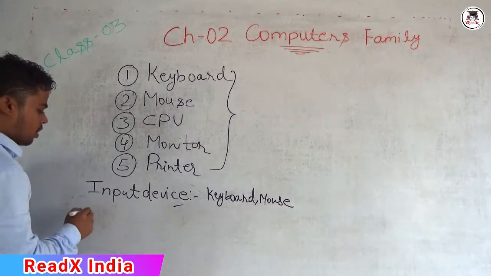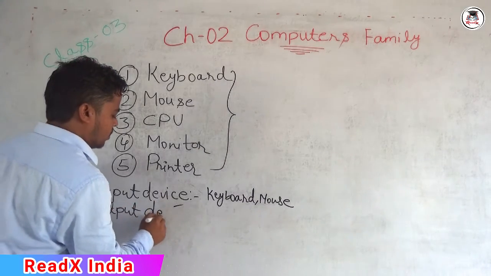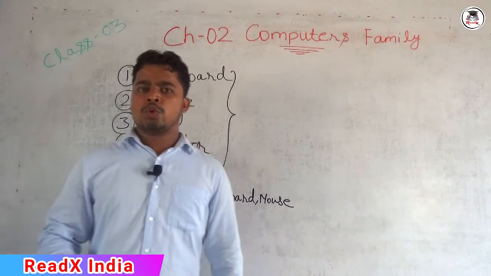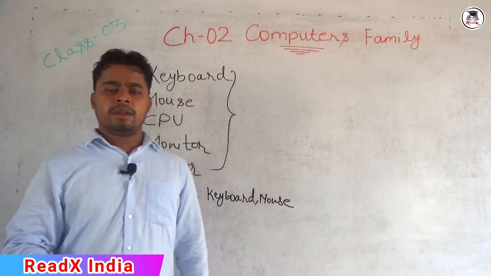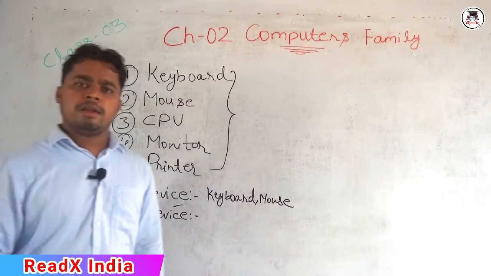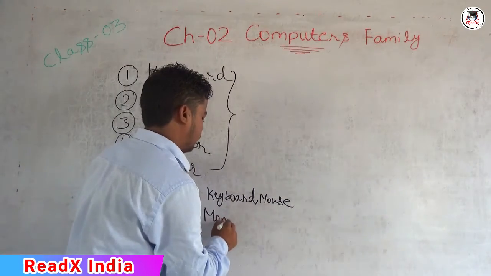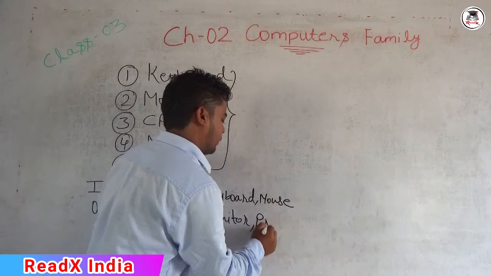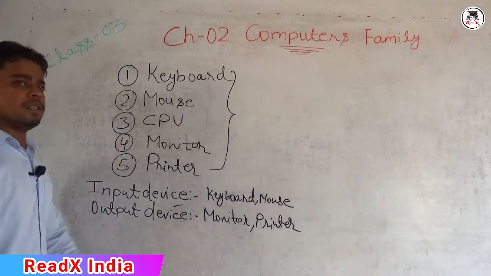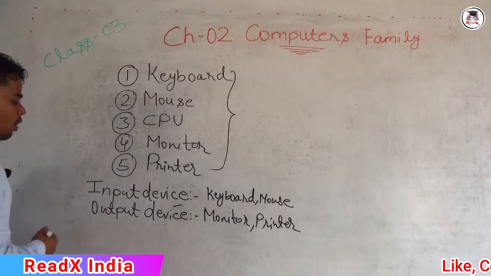Similarly, output devices are the devices used to display the final result to us, such as the monitor and printer. These devices help us get or display the output.